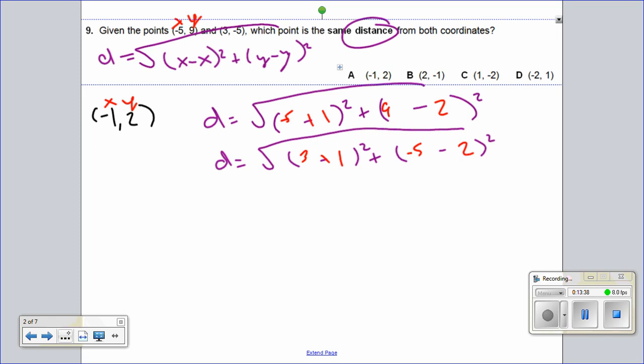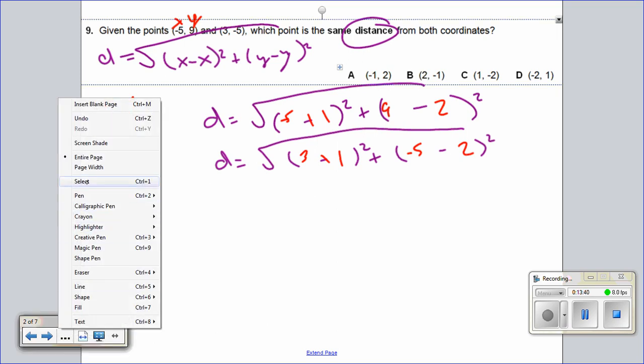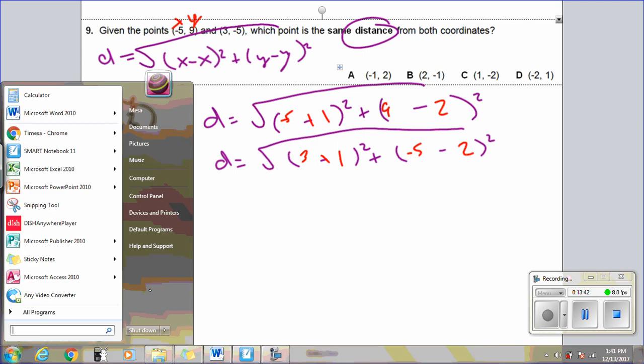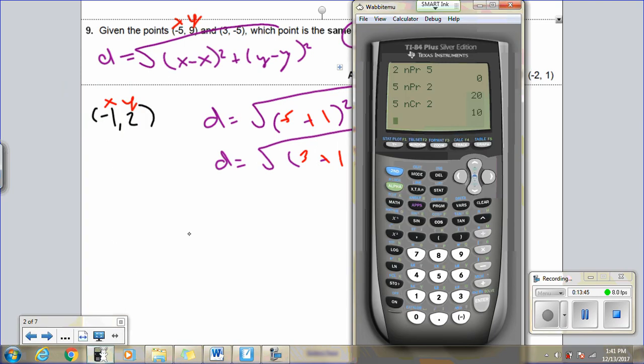And now we'll grab our calculator. Second, x squared gives us the square root sign.